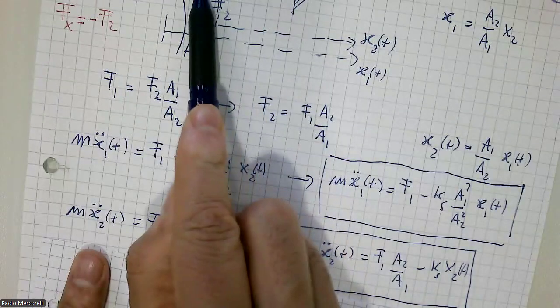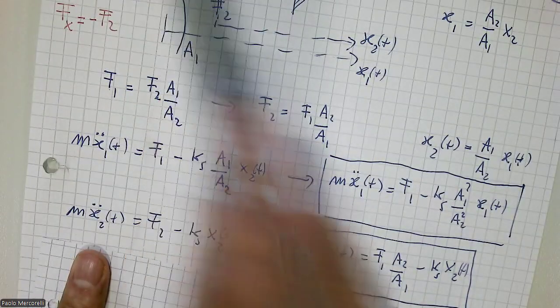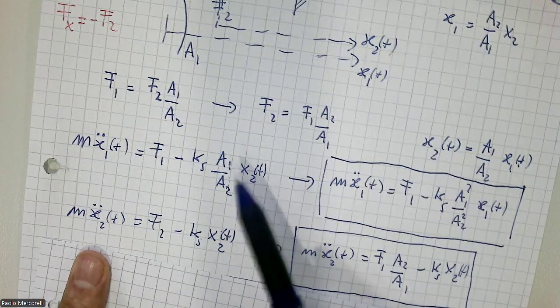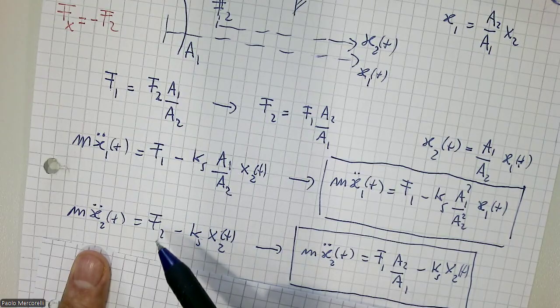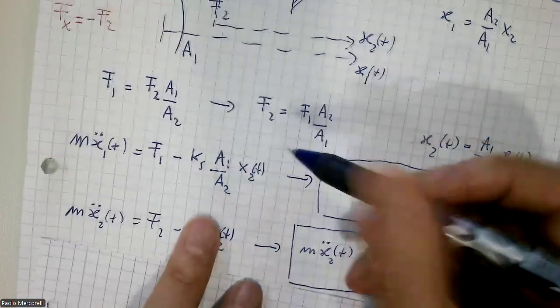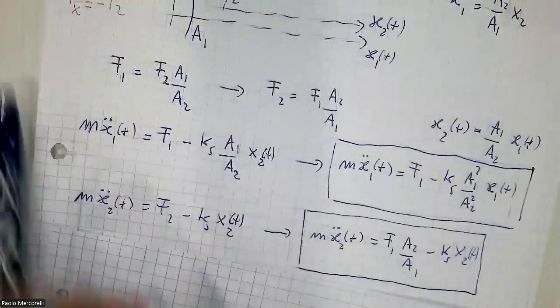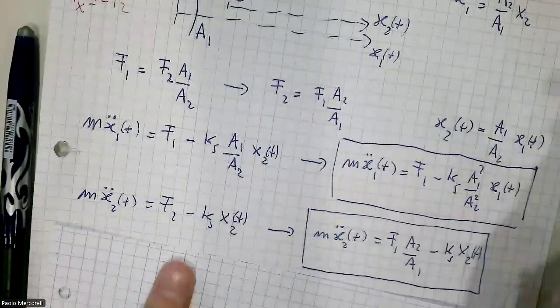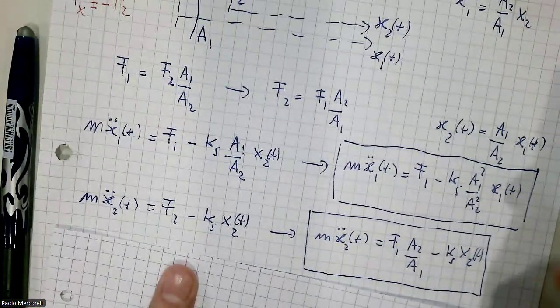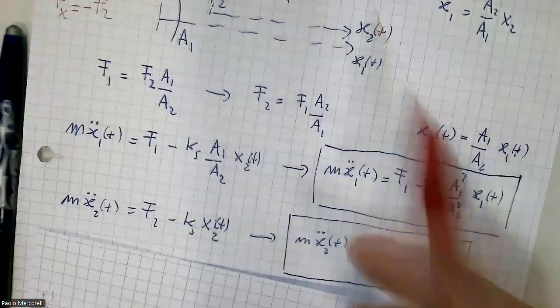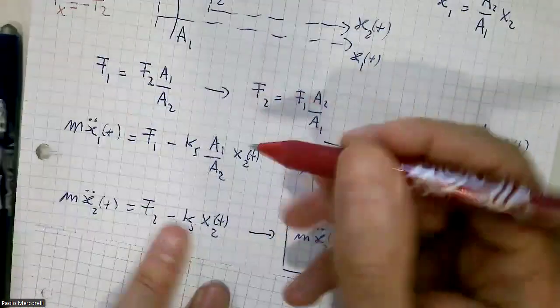Because this reaction F2 is amplified. Probably I can comment, I have something red now to comment this in order to understand. I call the F2, right? Fx equals minus F2.